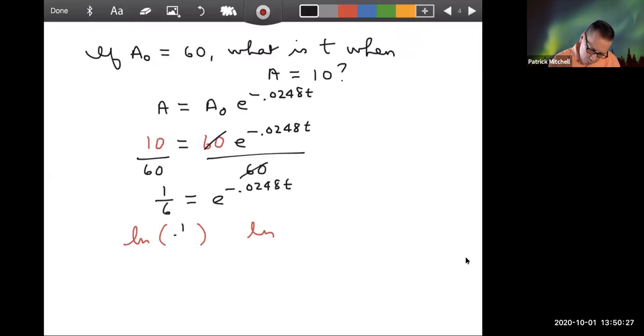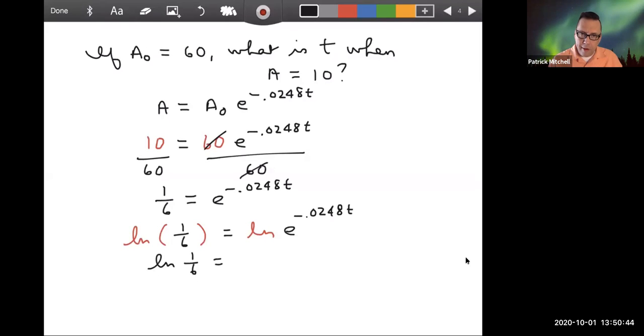We have natural log 1/6 equals natural log e to the negative 0.0248 t. And once again, that inverse property of e to the x and natural log x is going to say that the right-hand side of that equation simplifies to negative 0.0248 t.